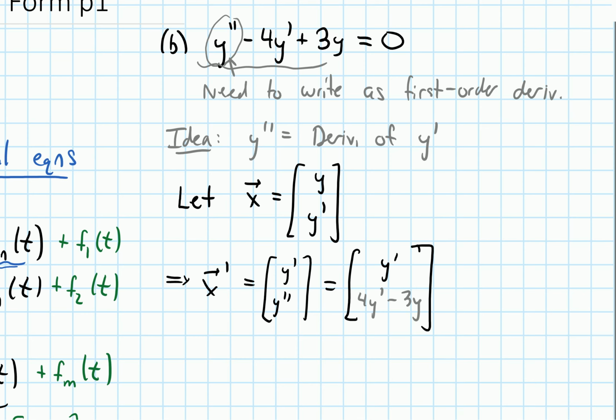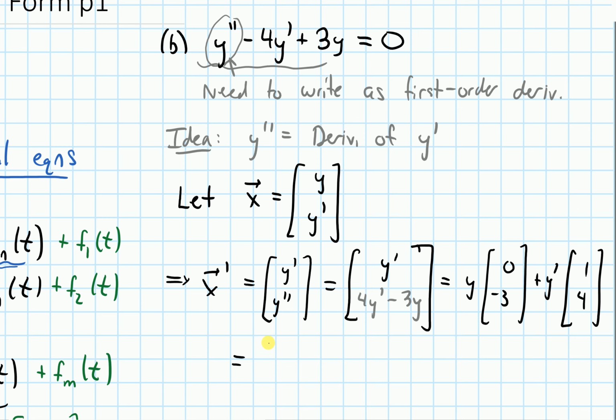Okay, so we have expressed this higher order derivative in terms of the lower order derivatives that I have. All right, and now I'm going to put this in parametric vector form. So this is going to be y times the vector 0, negative 3, plus y prime times the vector 1, 4. So now I can put this into matrix vector form.